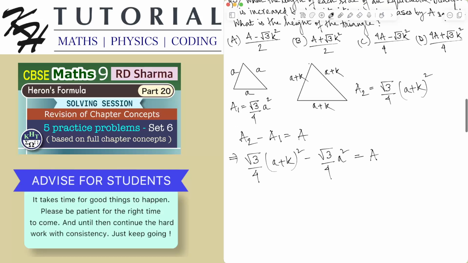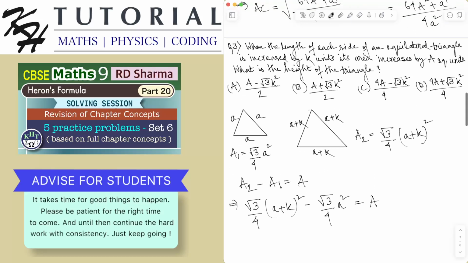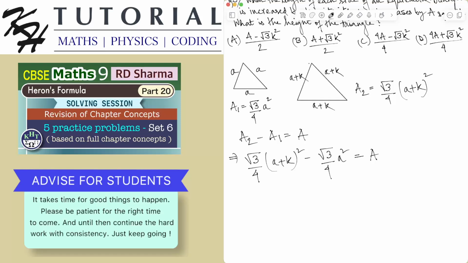What is the height of the original triangle? To know the height of the original triangle, we need to find the value of small a. Now if I take square root of 3 by 4 common, I have (a plus k) square minus a square is equal to a.